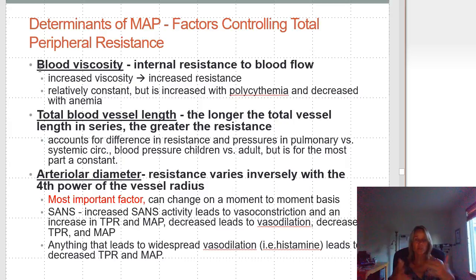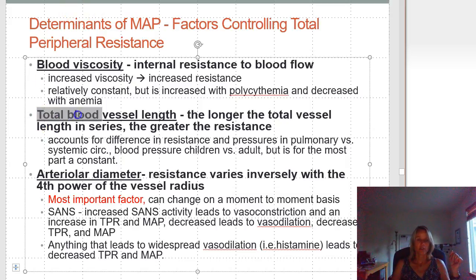Now normally this is pretty much a constant thing, but it is increased with polycythemia, which we just talked about in topic 4, and would be decreased in the opposite with anemia. So if the blood is thick like molasses, that's going to be increased viscosity. It's going to be an increased total peripheral resistance, and that would lead to an increase in blood pressure.